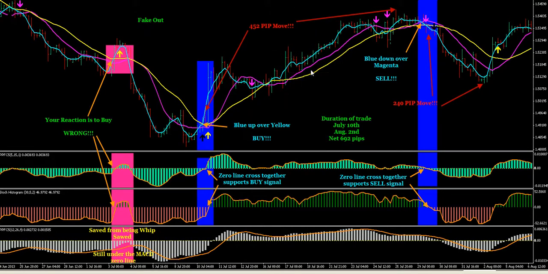You can always get back in if you want, or you can just sit out and wait for the next bus, and that comes right here. Because there's the aqua crossing the magenta, you've got confirmation here of 0 line crosses, and you're good for another 240 pip move down to here. And again, if you just wanted 100 pips and that was your target, about halfway through you would have achieved your 100 pips.